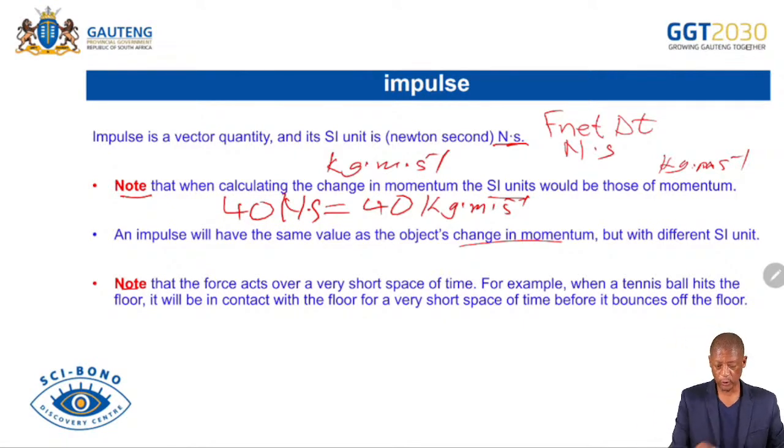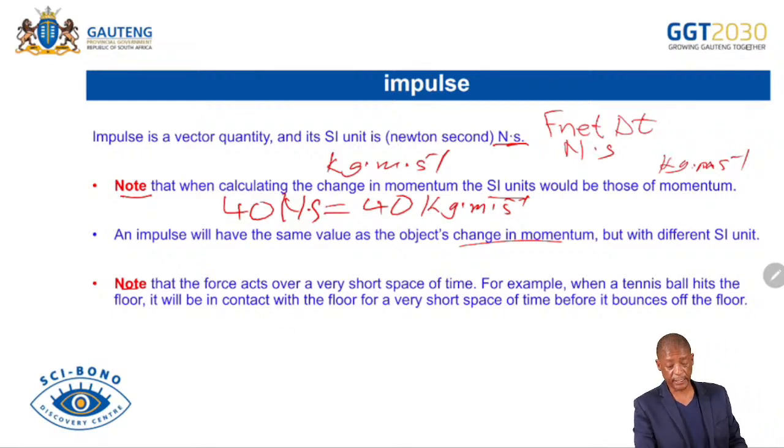Right. Note as well that the force is acting over a very short period of time. In other words, the force is acting for just a very short period of time.